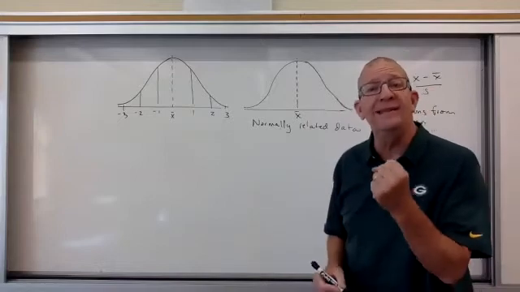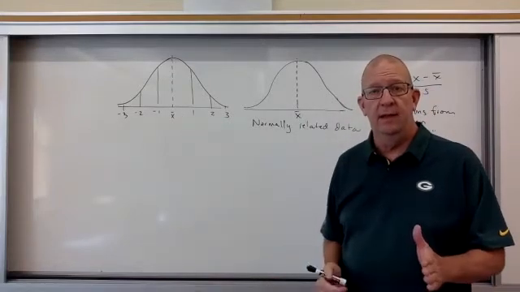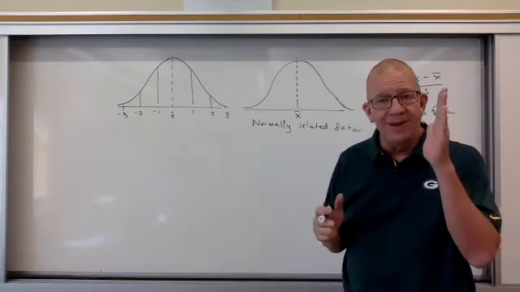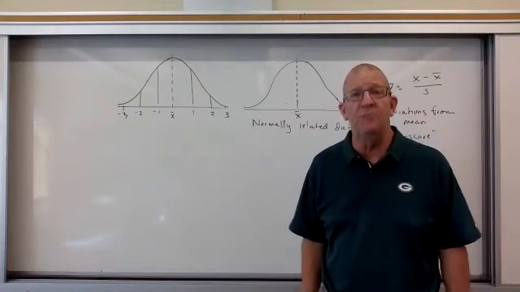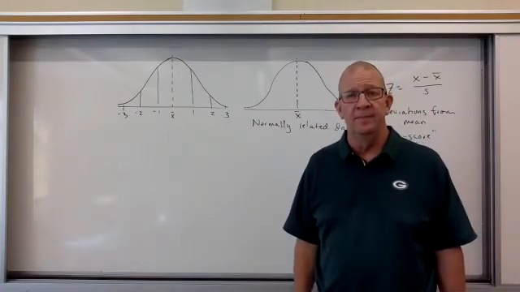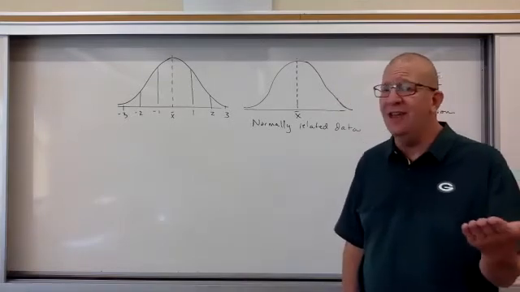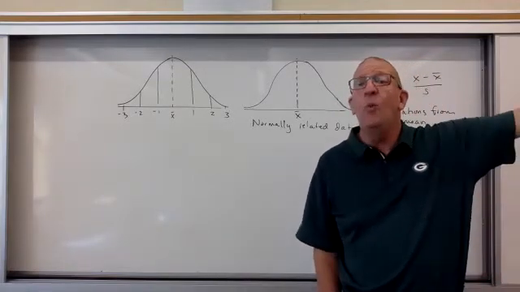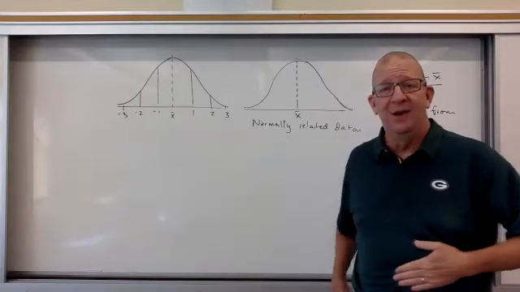If they're normally distributed, this is their distribution. From about -3 standard deviations to 3 standard deviations is almost 100% of your data. So if someone is 4 standard deviations above the mean or 5 standard deviations above the mean, they are way, way out there. They're almost outside of the data, okay?